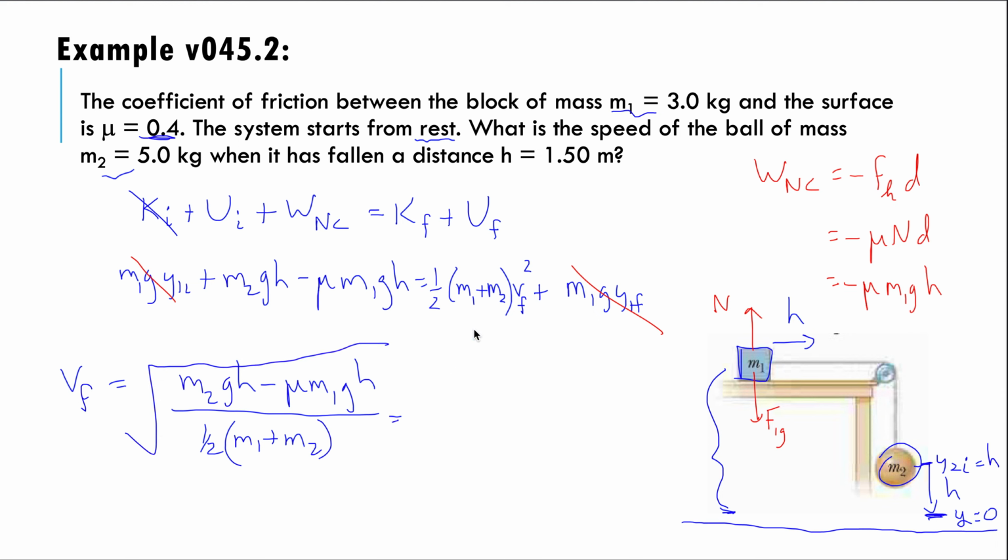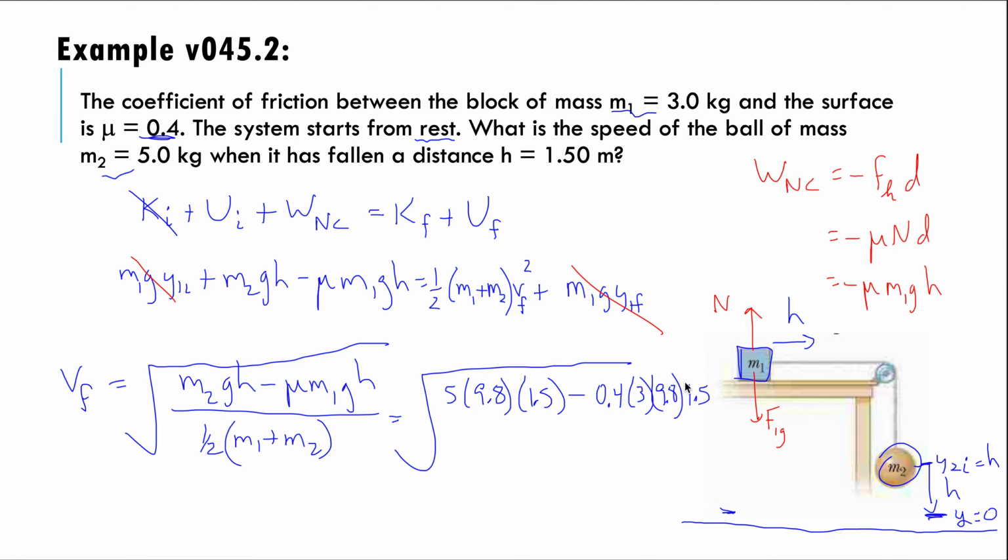Now we just plug in all of the values. m2 is 5 times 9.8, h is 1.5, mu is 0.4, m1 is 3, g is 9.8, h is 1.5, over 1/2 of 3 plus 5. Plug all of this in a calculator, and we will get that the final speed is equal to 3.74 meters per second.